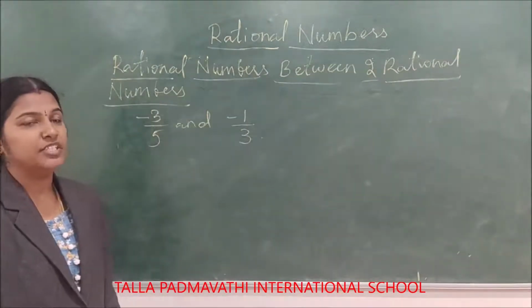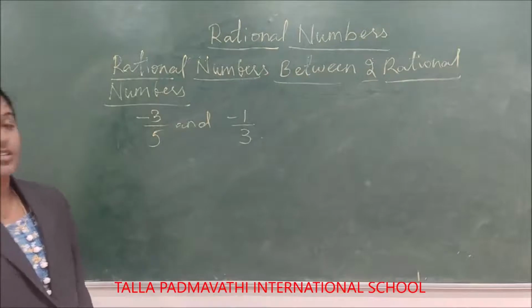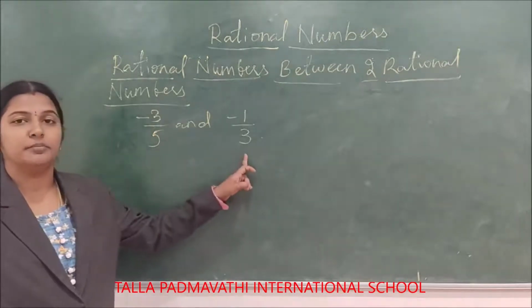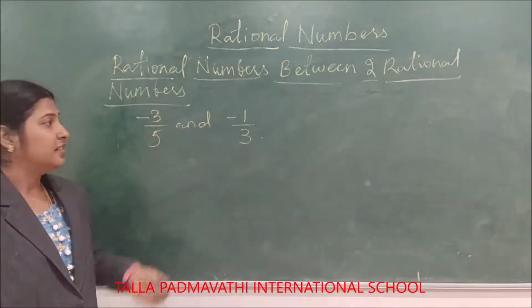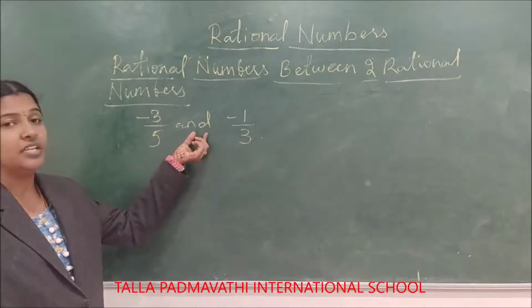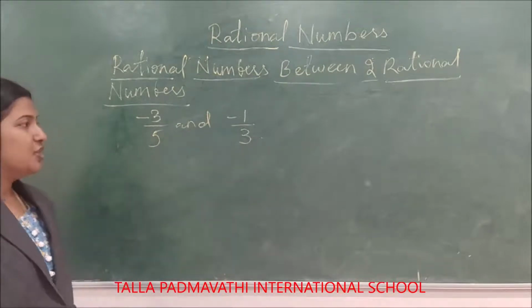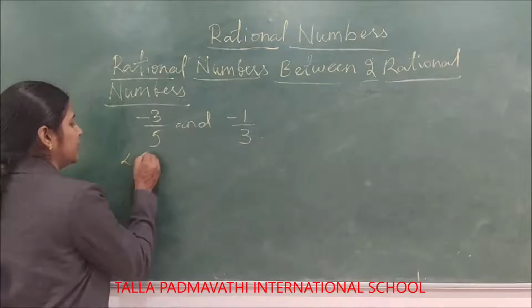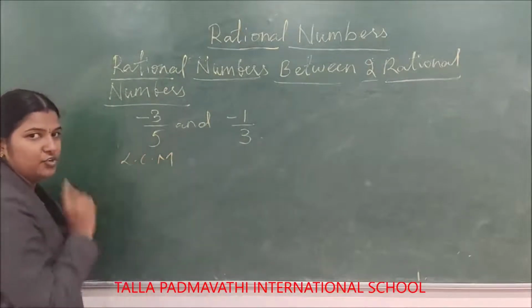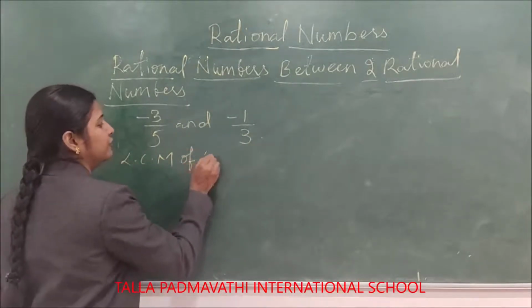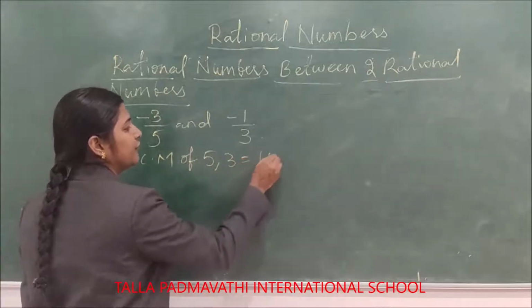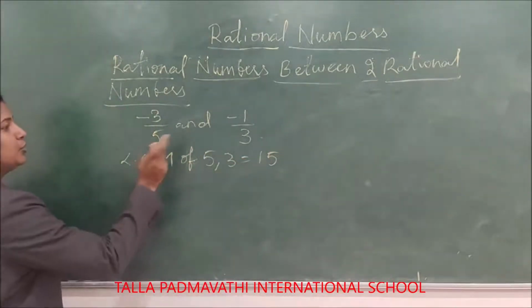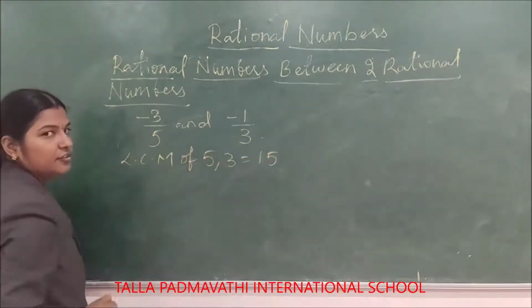Rational numbers between two rational numbers. So children, here are the two rational numbers. Now we are going to find the rational numbers in between these two rational numbers. For that, children, you need to take the LCM of both the denominators. So LCM of 5 comma 3 is equal to 15. Now children, make both the denominators equal to 15.